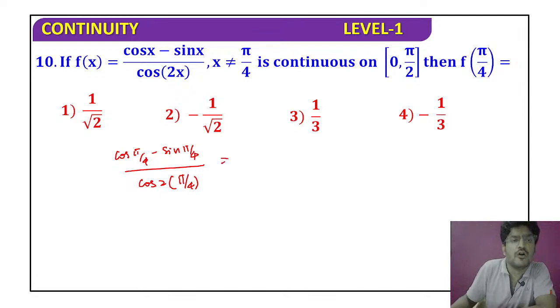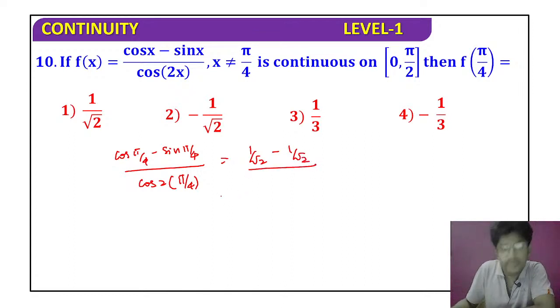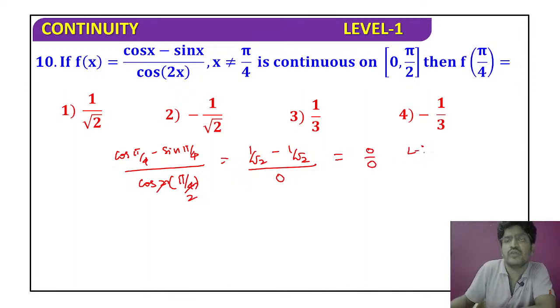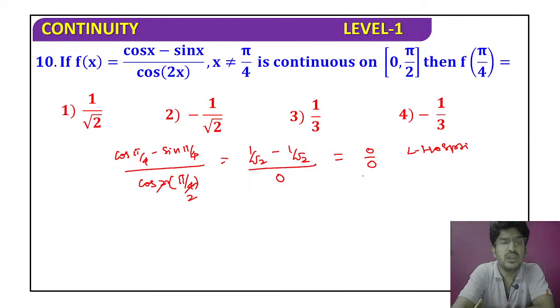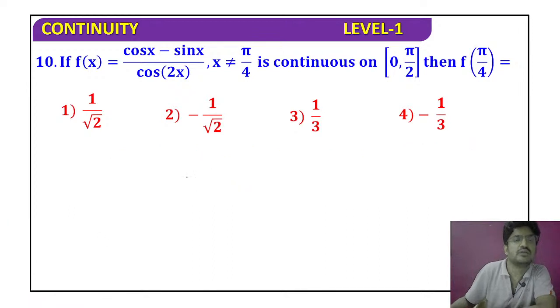Cos pi by 4 is 1 by root 2, sin pi by 4 is 1 by root 2, divided by, cos pi by 2, that is 0. Okay, so 0 by 0, we have to go for L'Hospital rule. So using L'Hospital rule, you can just simplify it and get the answer.